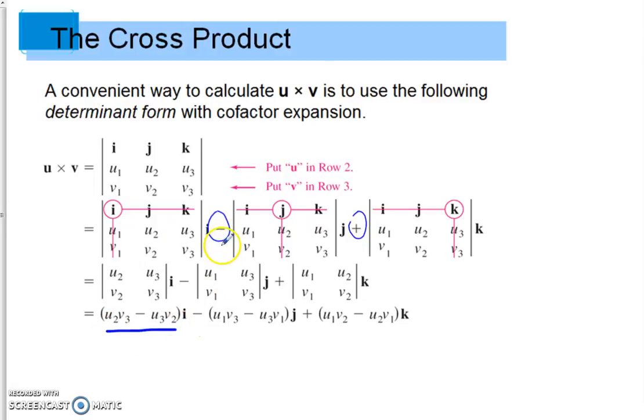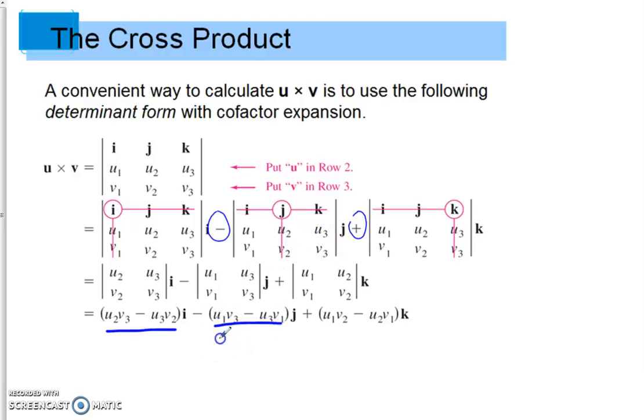You'll see me circle the subtraction sign. It's important to remember that the j term is going to be negative. However you remember that, good for you. So I cross off the i column, and since I'm doing the j term, I cross off the j column. So now u1 times v3 minus v1 times u3.